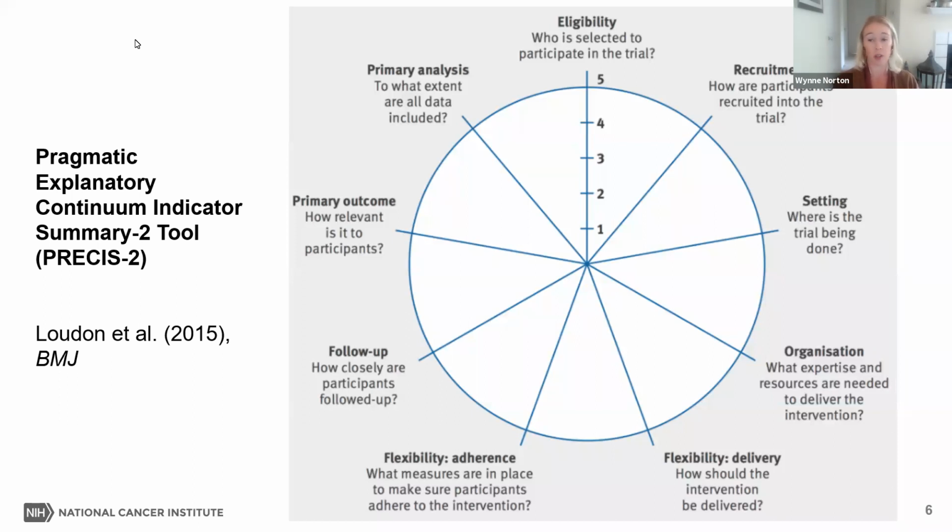You may see something that is more explanatory, so you see more 1s and 2s, maybe a couple 3s, or more pragmatic, you see mostly 4s and 5s, also maybe a couple 3s. There are no right or wrong answers. Something can be entirely pragmatic or explanatory, but we often just refer to them as either or rather than on the continuum, just because it's a little easier to say.